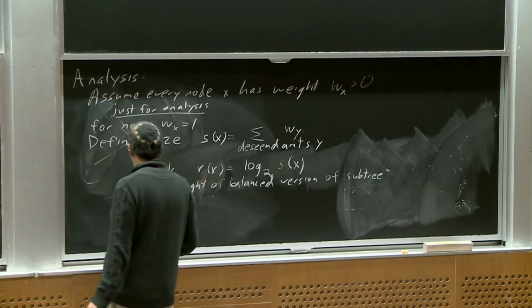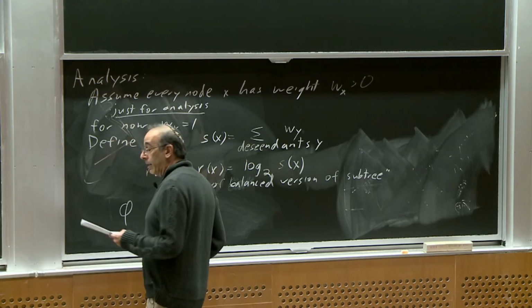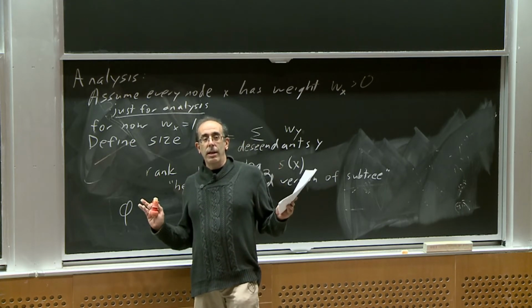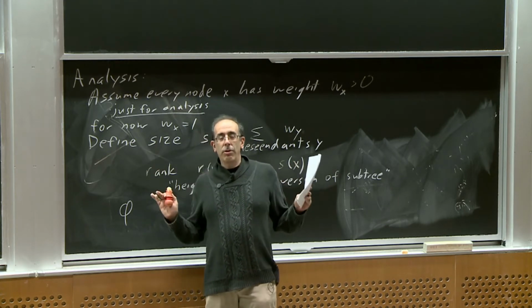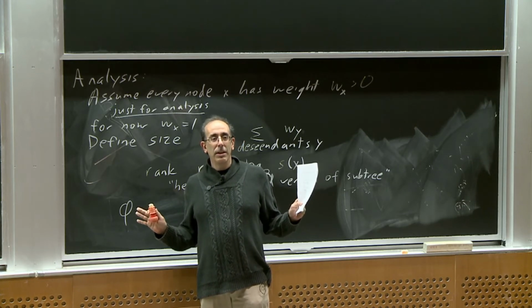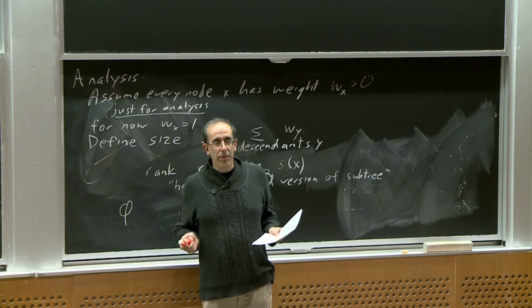And finally, we can define our potential function, phi. And again, I think I said this before. In amortized analysis, pretty much all the creativity happens in thinking of the right potential function. Once you have the potential function, you just do the calculations and everything works out.